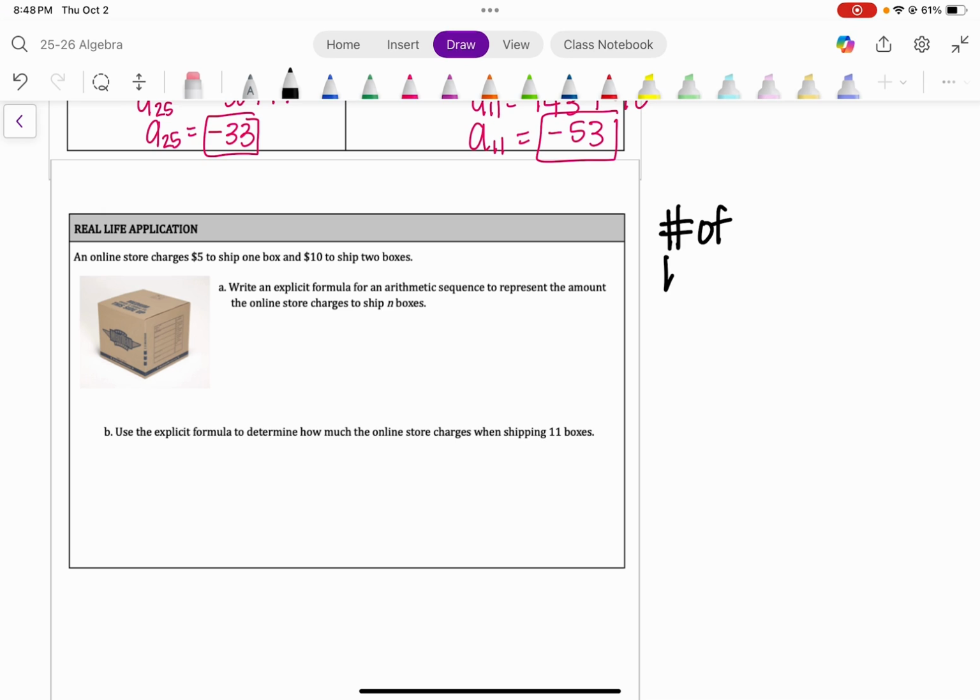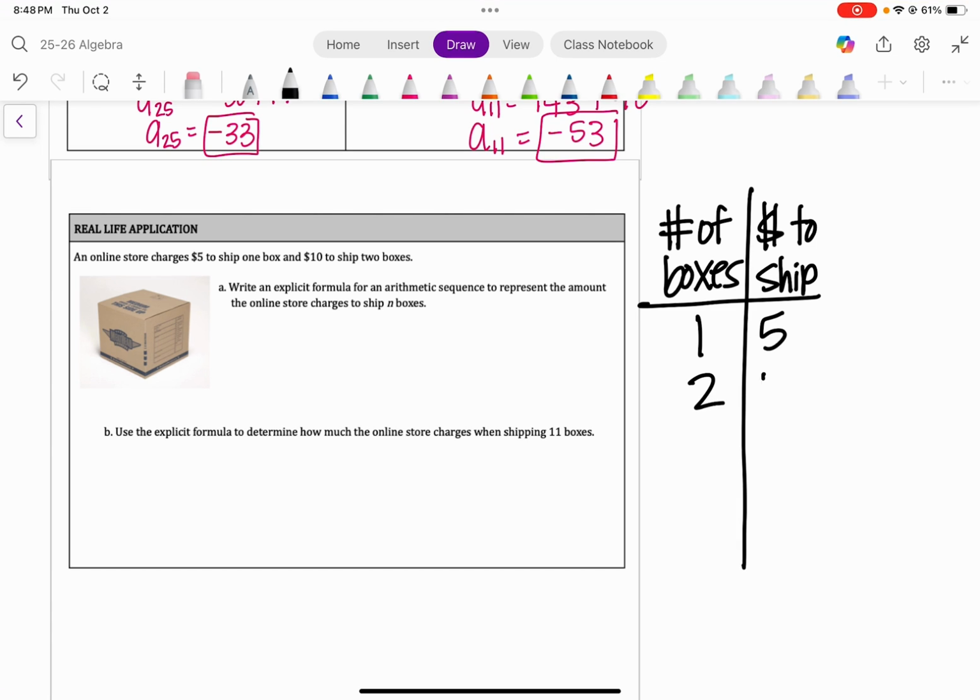Number of boxes, and then we could show dollars to ship. 1 box, $5. 2 boxes, $10. We can assume that this pattern is going to keep going. 3 would be 15, 4 would be 20, and so on and so on.